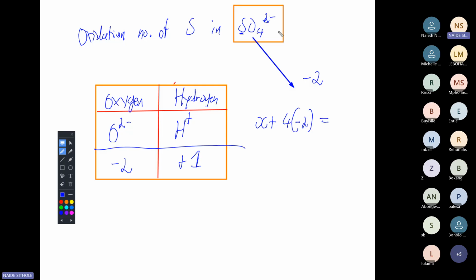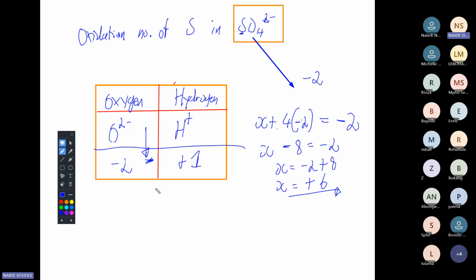Then we equate it to the -2 of the whole ion. So we are saying the oxidation number of sulfur plus 4 times the oxidation number of oxygen, then equate it to what? Equal to -2. So this is x. 4 times -2 is -8, equals -2, and then we have -2 plus 8. So x will be equal to what? +6. So that is the oxidation number.